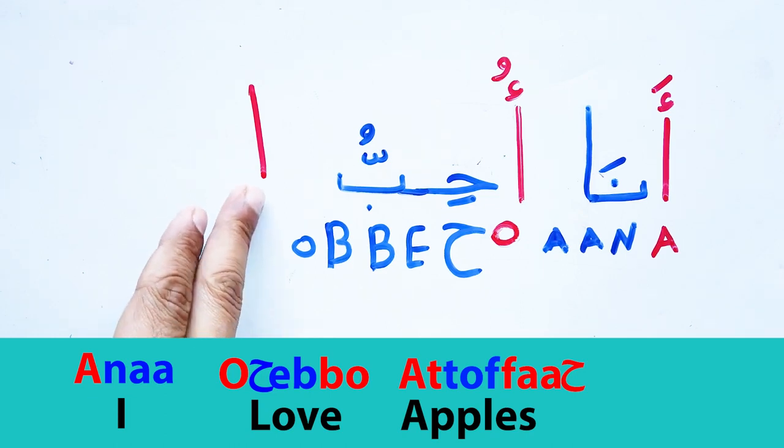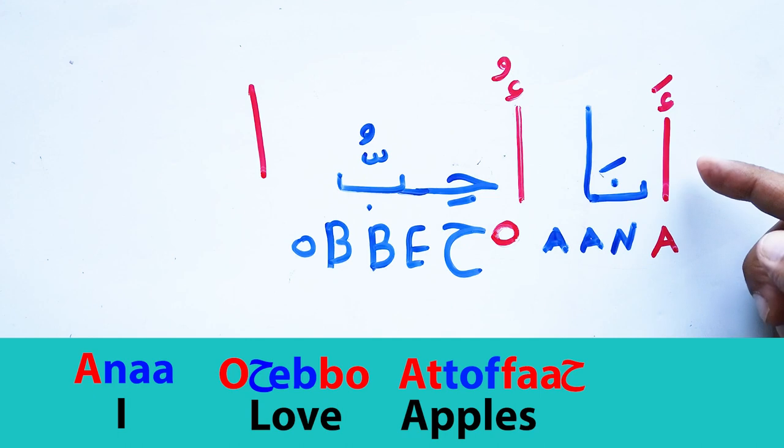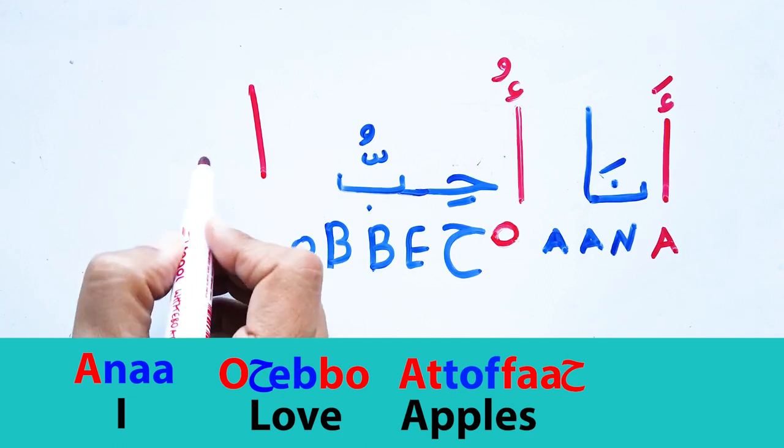So here, that one sounds like A, and that one here sounds like A as well. We are gonna make a special class talking about this, but now, just for your information, that one sounds like A, and when you find just this stick without anything on the top, it sounds like A as well.